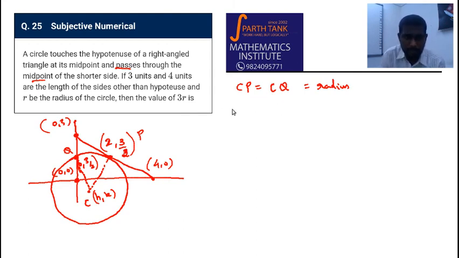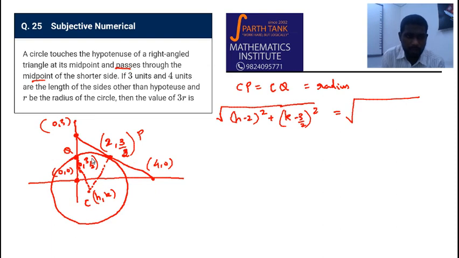Let us write CP is going to be the square root of (H minus 2) the whole square plus (K minus 3/2) the whole square. CQ is going to be the square root of (H minus 0) the whole square plus (K minus 3/2) the whole square. On squaring both sides, you can cancel these two terms and expand.